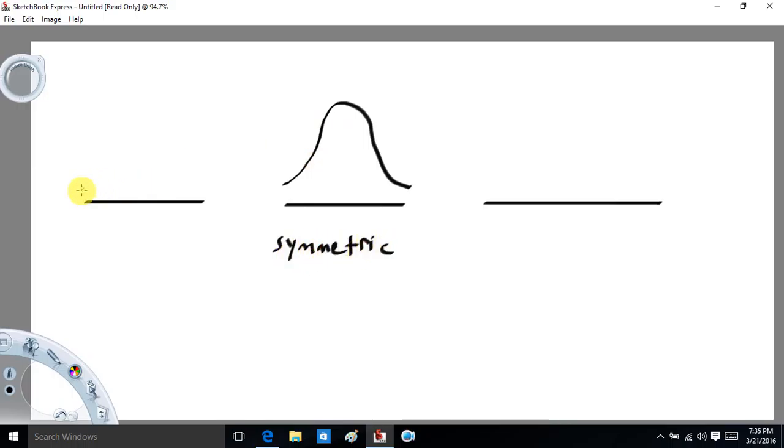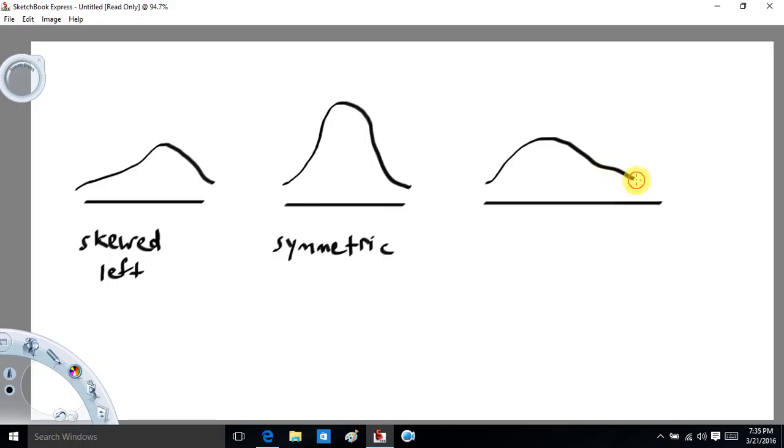This one is skewed left, and this one skewed right.